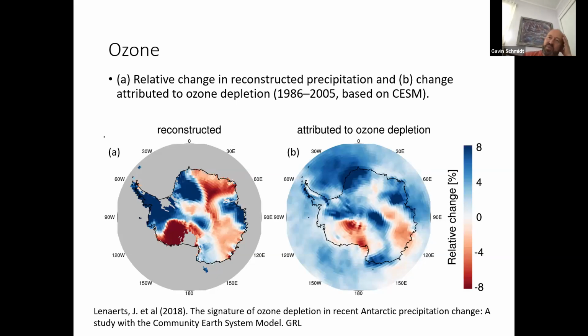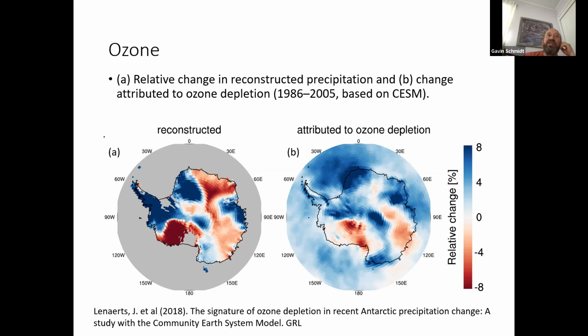Anyway, we looked at a number of things, including temperatures. The temperature signal from the Southern Annular Mode increasing is slight cooling in the center and slight warming on the peninsula. I'm not sure if we looked at accumulation, though it might be interesting to go back and have a look at that.